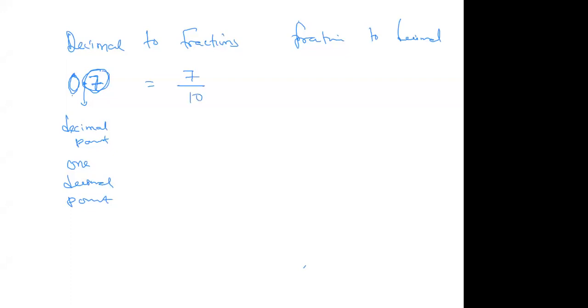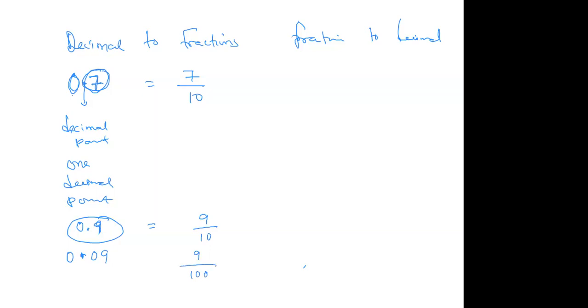You can also check 0.9. If they ask you to convert 0.9 to a fraction, that gives you 9/10, because it's just 1 decimal. But if you have something like 0.09, you have 2 numbers after the decimal, so it's 2 decimal points. It's going to be 9/100.